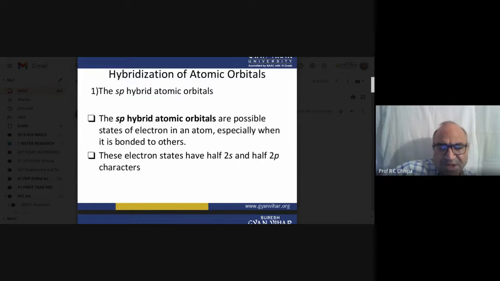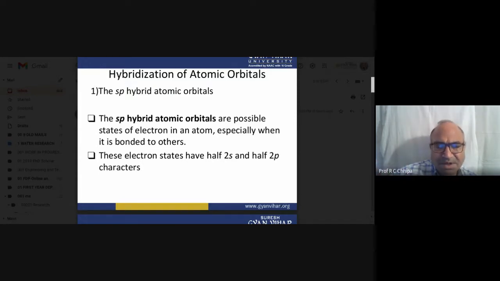Out of these, only the 2s atomic orbital and the 2px atomic orbital undergo the process of hybridization, where the shape of 2s is spherical, and 2px has the dumbbell shape on the x-axis. So both atomic orbitals mix with each other.